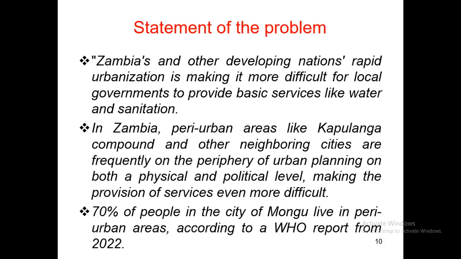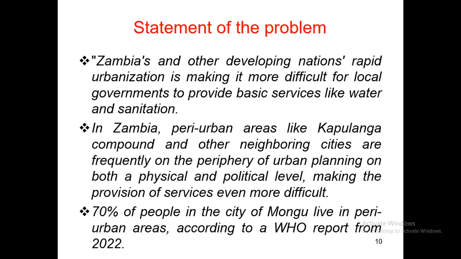I want to take you straight to the statement of the problem. In Zambia and other developing nations, rapid urbanization is making it more difficult for local government to provide basic services like water and sanitation. At the moment in this country we are about 19 million, compared to Namibia, which has about 2 million.